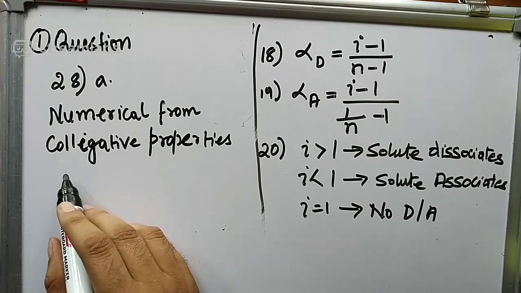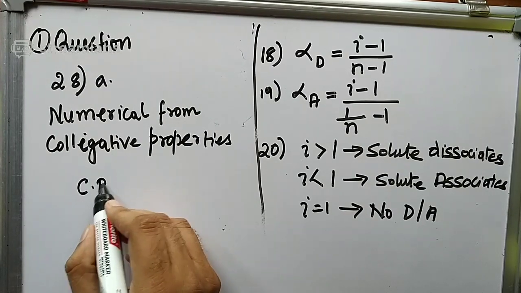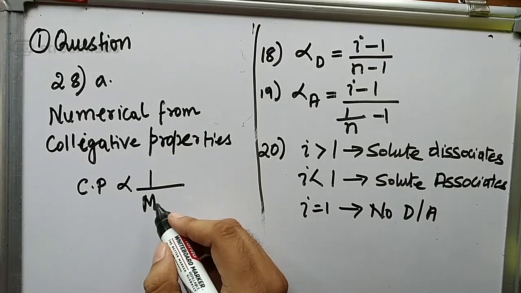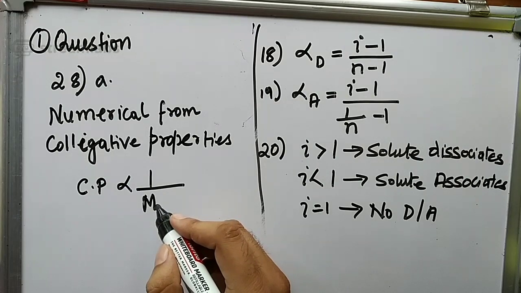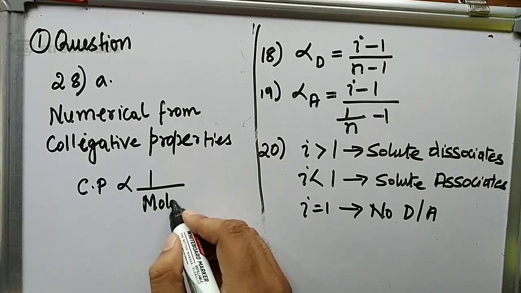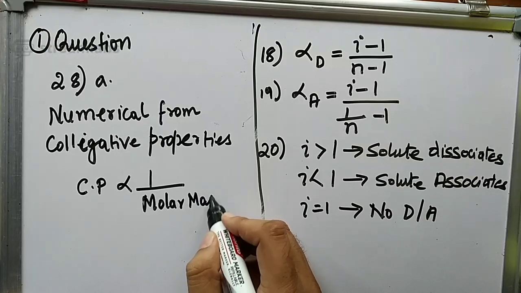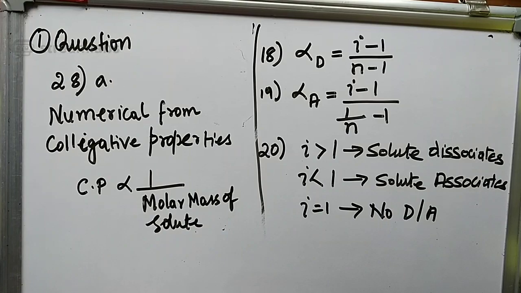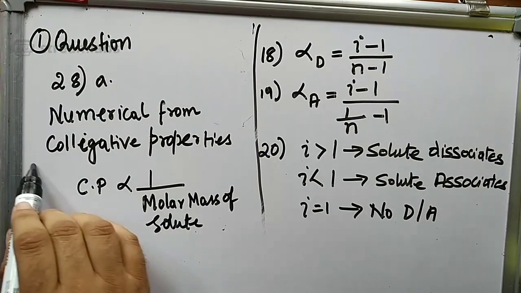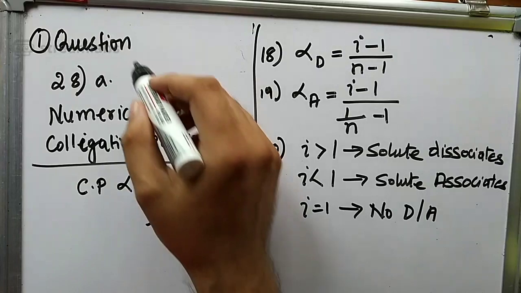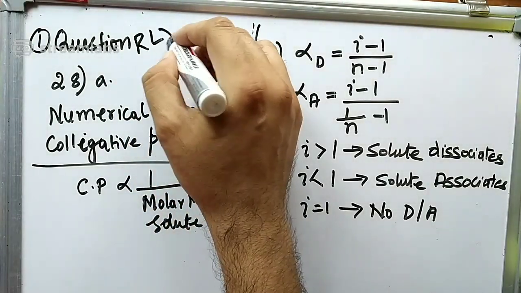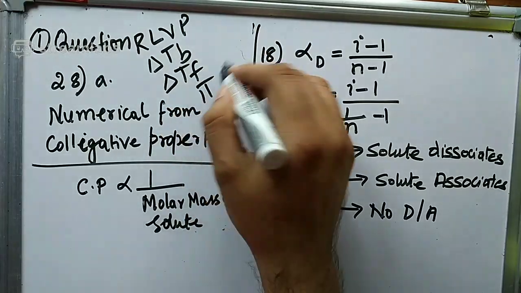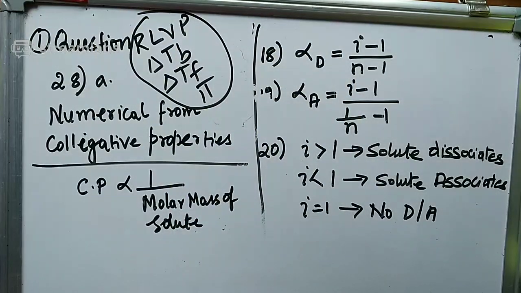So you should know that any of the colligative properties is inversely proportional to molar mass of the solute. This is another important point you need to remember. One question from colligative property would be definitely asked, students, that is RLVP. I'll write it here, RLVP, or delta TB, or delta TF, or pi, based on the calculation of molar mass.